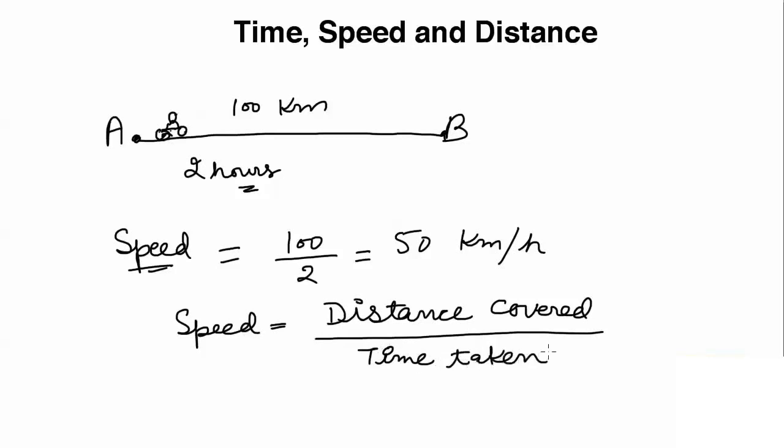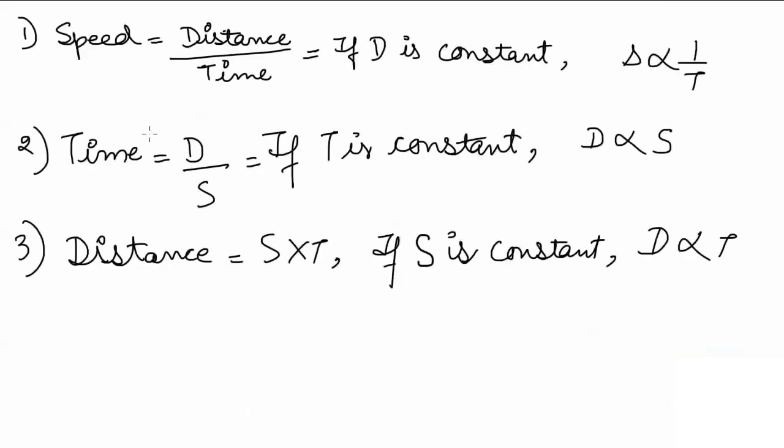You can also write it like time taken is equal to distance divided by speed, or you can also write it as distance covered is equal to speed multiplied by time. So here are three derivations that you should know to solve the questions from this chapter.